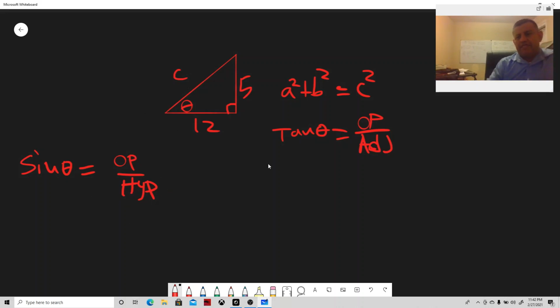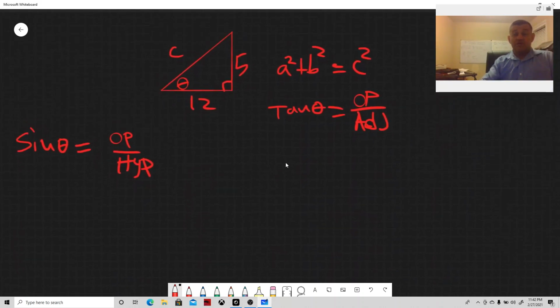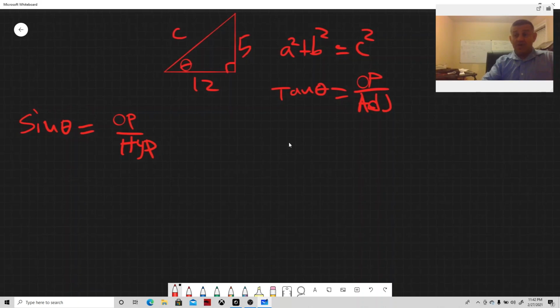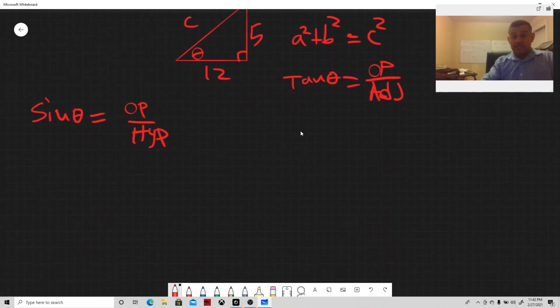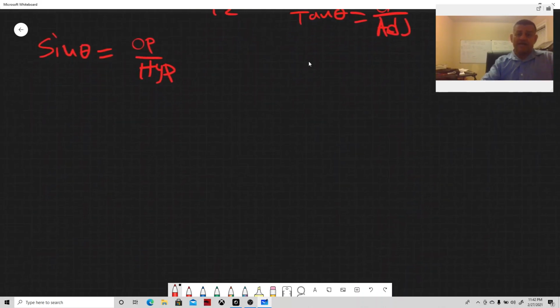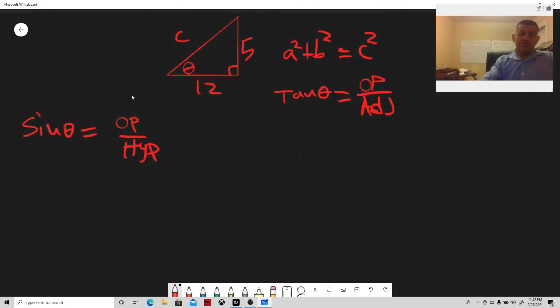We don't have the hypotenuse. But let's say that we want to prove that with both formulas, we get the same angle. Let's try it. But to use the sine, we have to use this formula to find C. We don't have a C. We only have an A and B, correct?